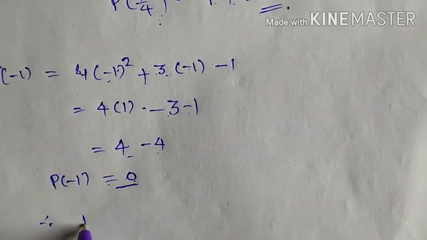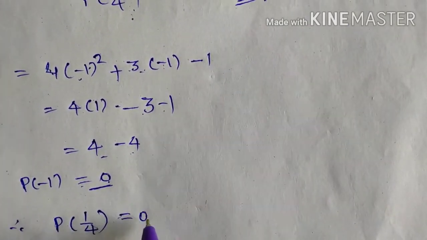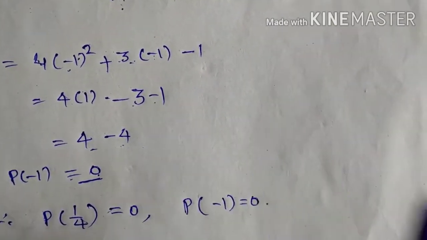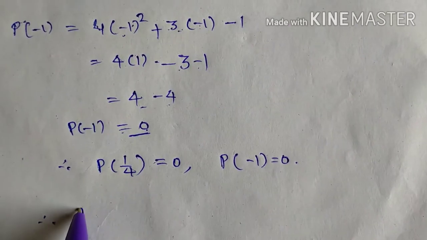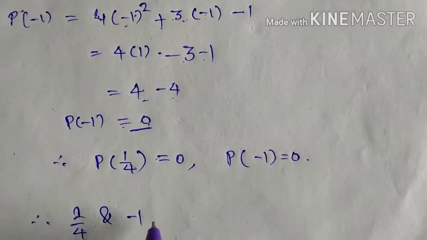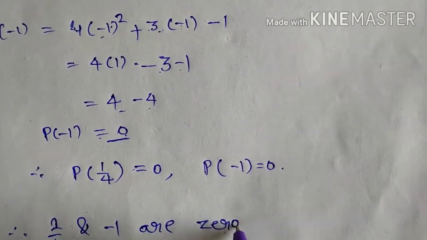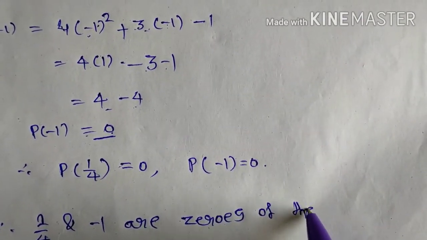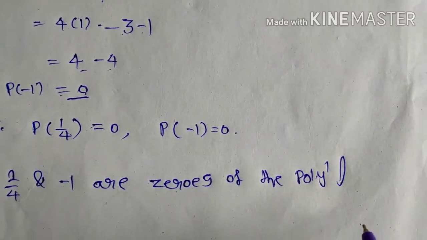Therefore you can write here p of 1 by 4 is equal to 0, p of minus 1 is equal to 0. Now we can write here therefore 1 by 4 and minus 1 are zeros of the polynomial. Which polynomial?